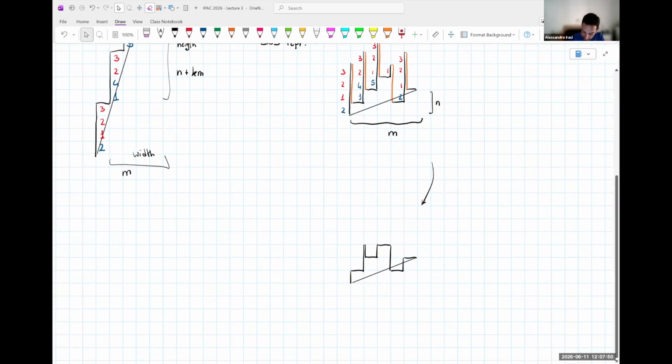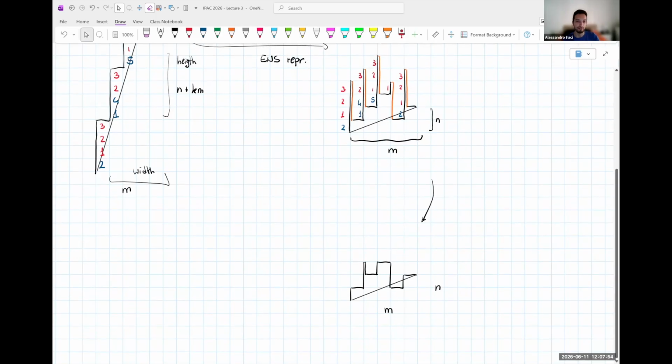So we keep the same width and height. The only difference is that we have a lot fewer north steps and south steps.